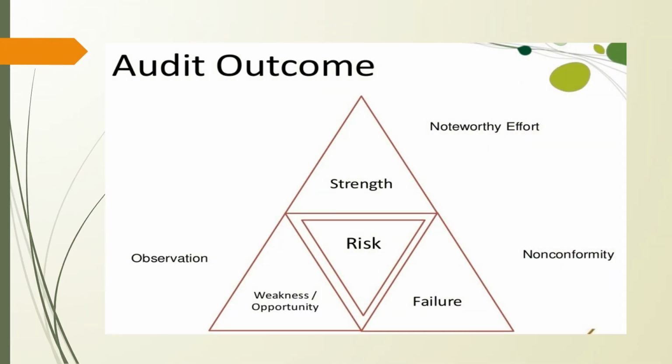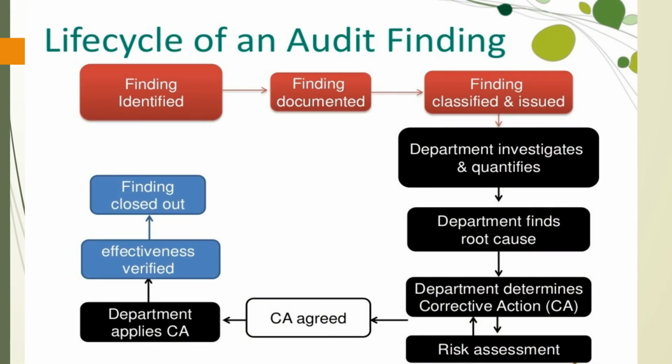Outcomes of an audit help distinguish between strengths, observations, weaknesses, risks, and nonconformities, providing a comprehensive view of the organization's safety performance. This diagram illustrates the life cycle of an audit finding, from the initial identification and documentation to investigation, determining corrective actions, applying them, and finally verifying their effectiveness to close the finding.